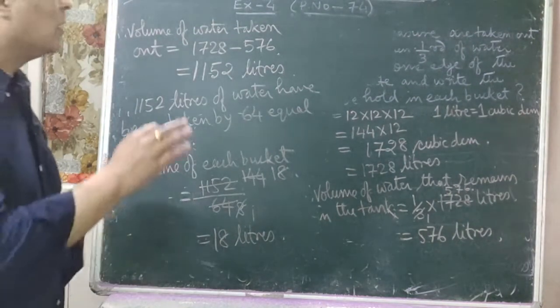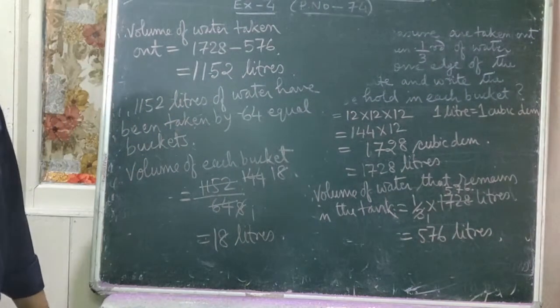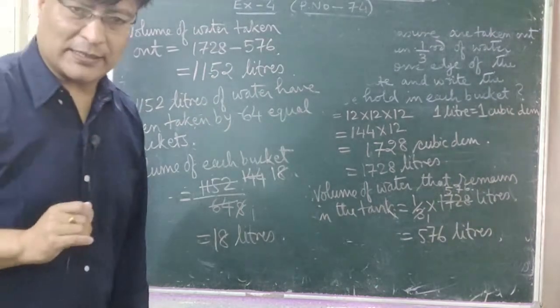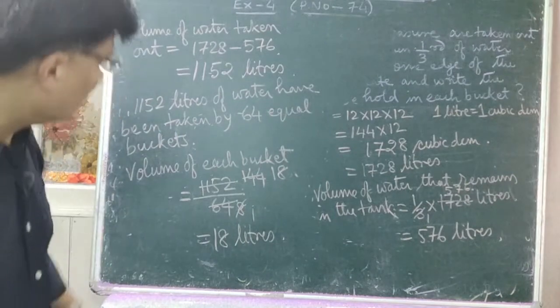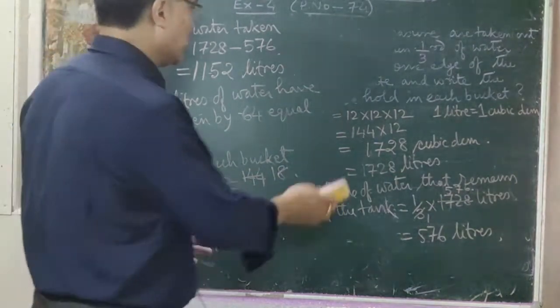So you have to find out the quantity of water that can be held in each bucket. That is 18 liters. So write down the answer.